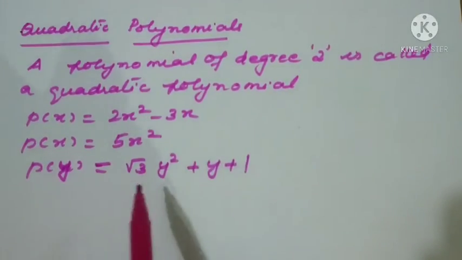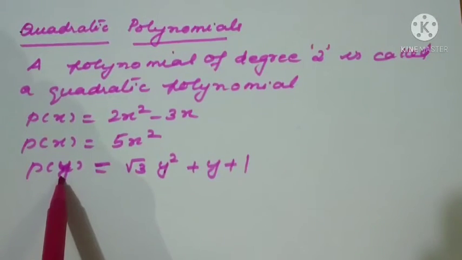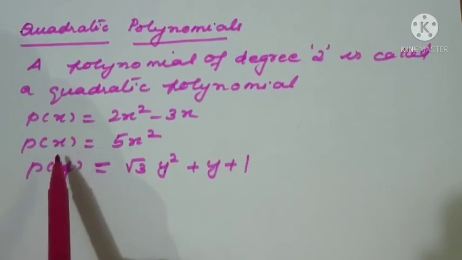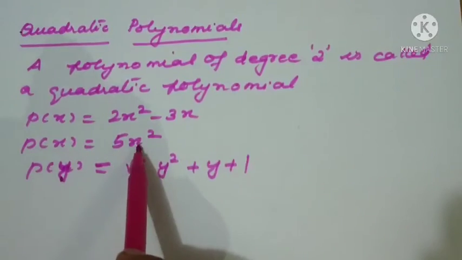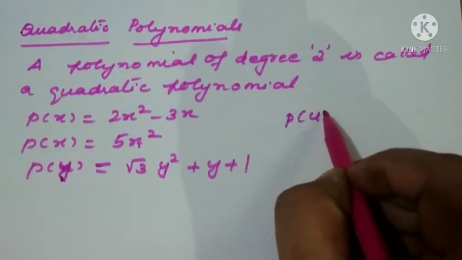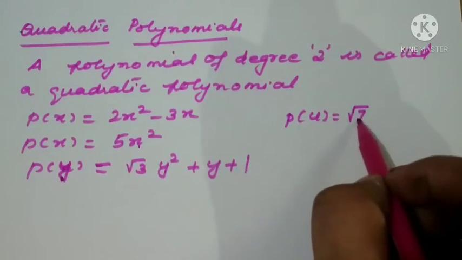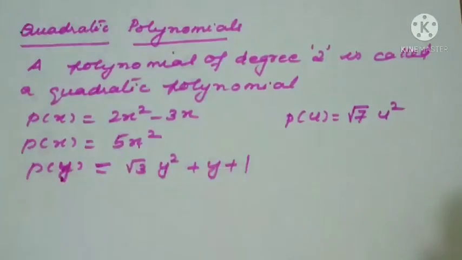So here you can check the variable. When it is changed to y, we are writing the polynomial in y only. Next, p of x means the x variable we are using. Suppose I am writing p of u equal to root 7 u square only.